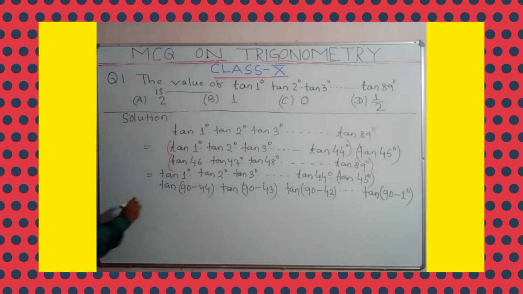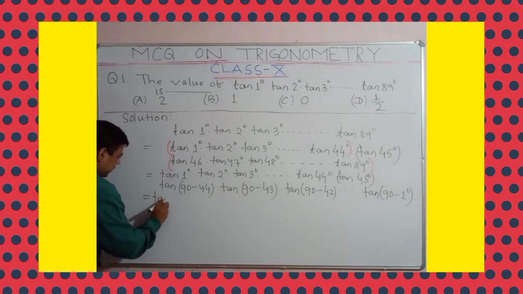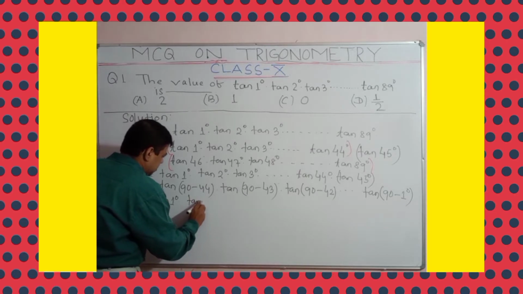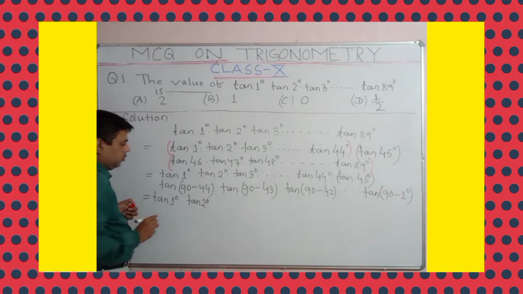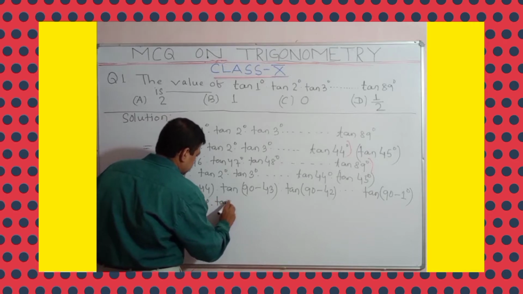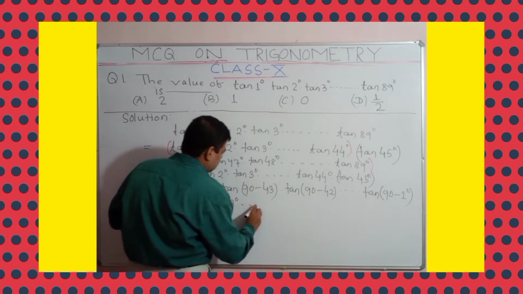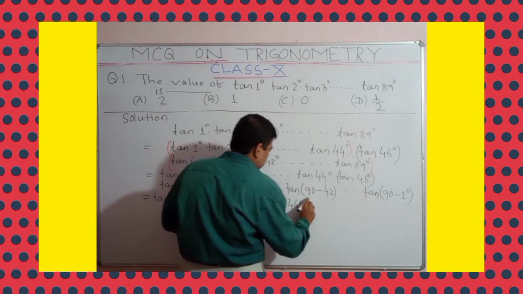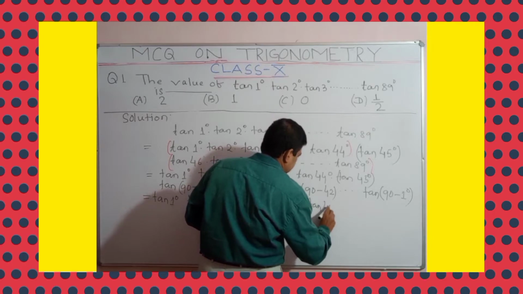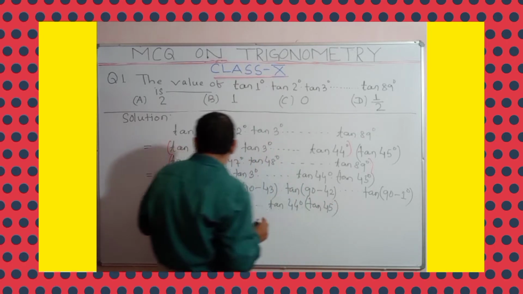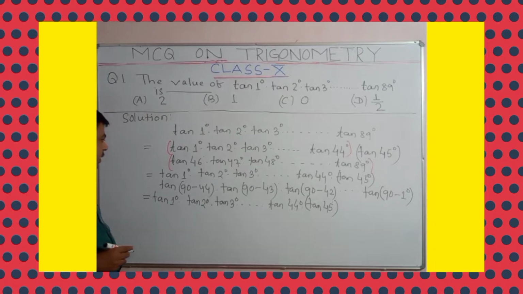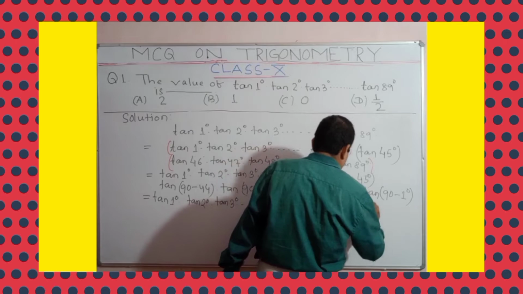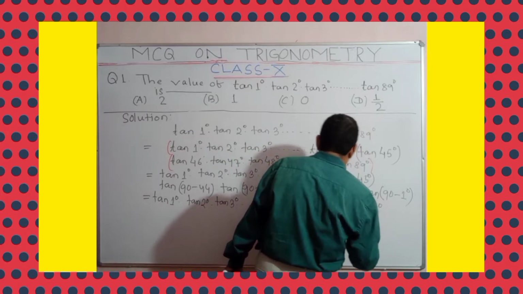So tan 1 degree into tan 2 degree into tan 3 degree up to tan 44 degree into tan 45 degree. Here tan of 90 minus 44 is cot 44 degree.